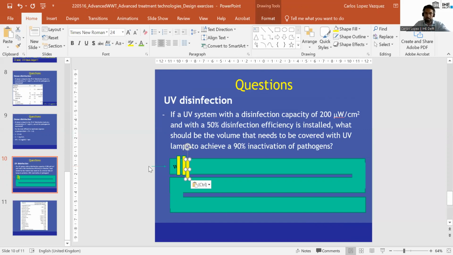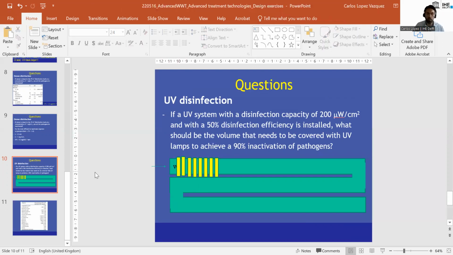So the question is, what should be the volume of the disinfection unit that needs to be covered with the UV lights? How do we do it?